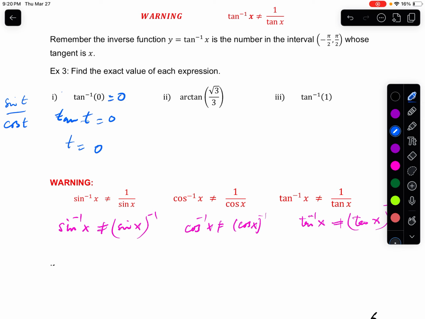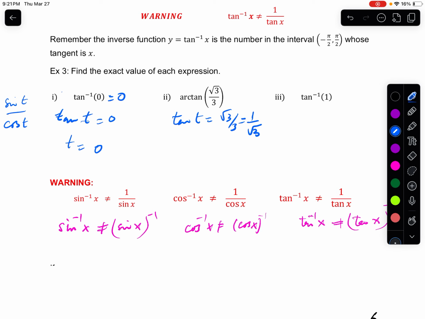Next one, arc tangent, which is another notation, of square root of 3 over 3. Again, we are trying to find a number t such that tangent of t equals square root of 3 over 3. Remember, this can be simplified and written as 1 over square root of 3.